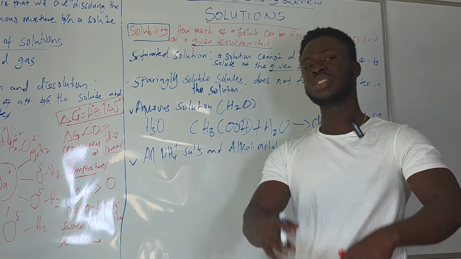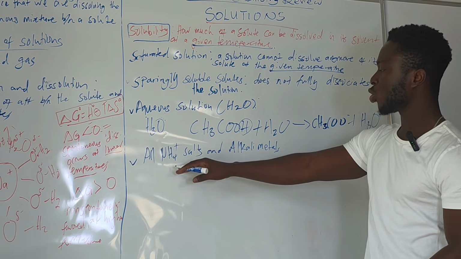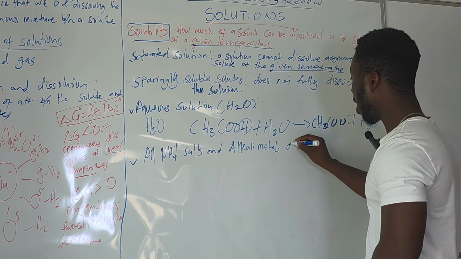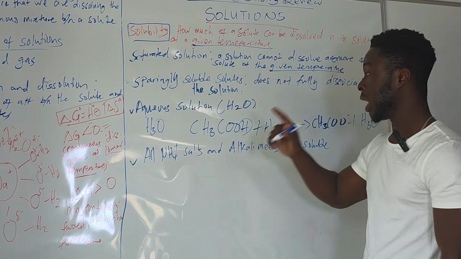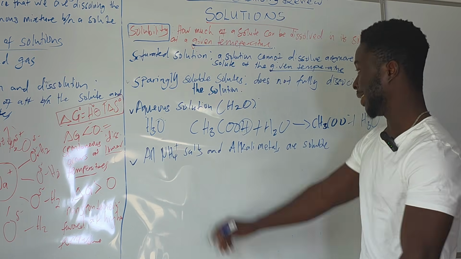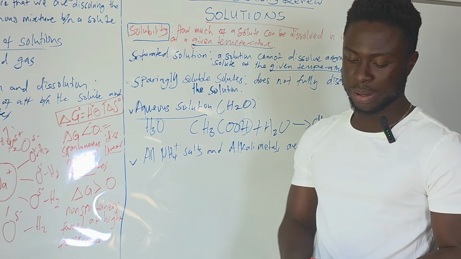The alkali metals are the group 1 metals on the periodic table. That is assuming our solvent is aqueous solution. That is the first one that you need to keep in mind.